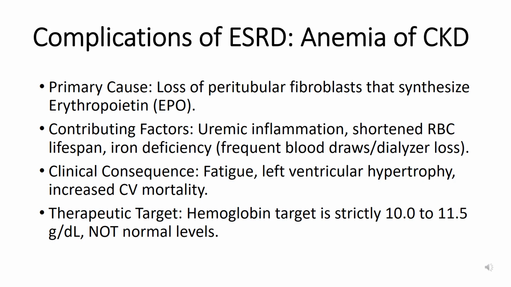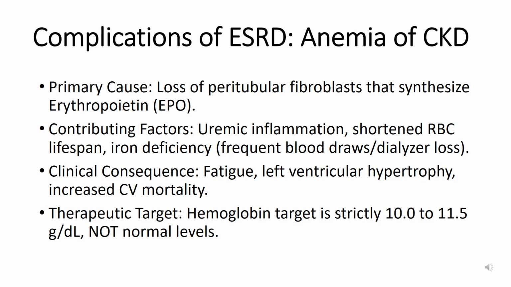Pushing hemoglobin too high can increase risks. Higher levels have been associated with stroke, hypertension, and vascular complications. Therefore, balance is critical. The aim is to improve symptoms and quality of life safely, not to fully normalize laboratory values. Anemia management in end-stage renal disease is a careful equilibrium.